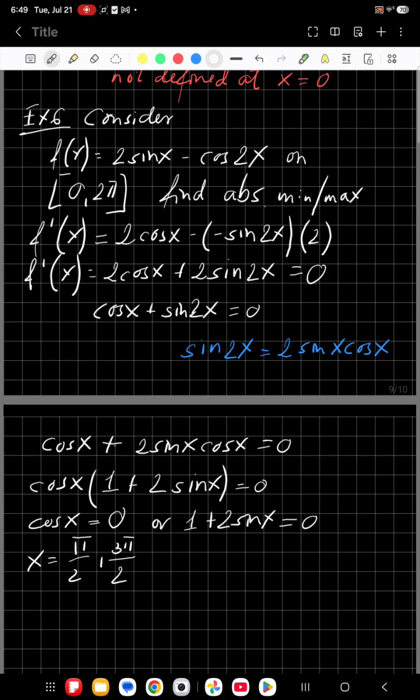And then from that second one, let me simplify this. So we have sine x equals negative half.